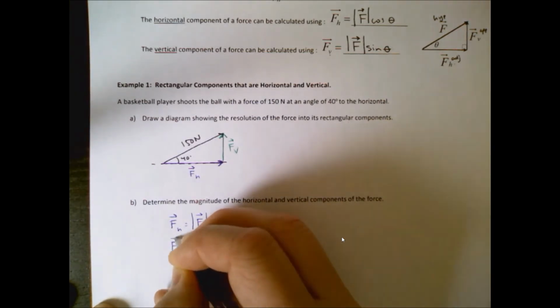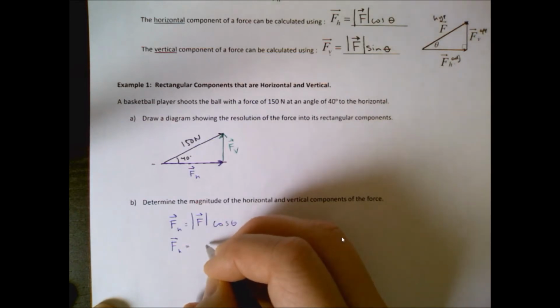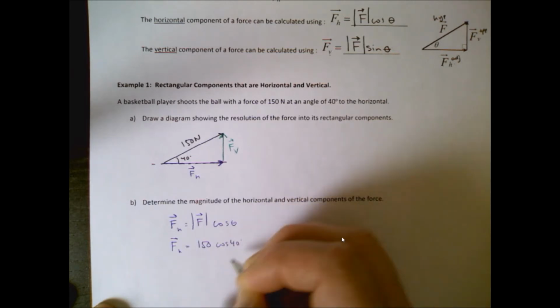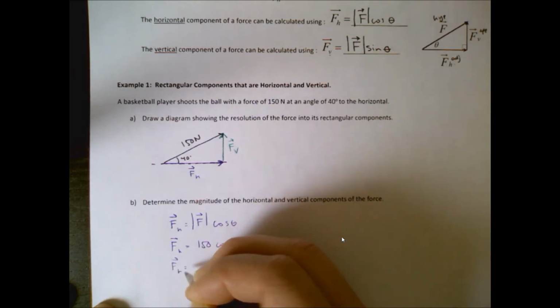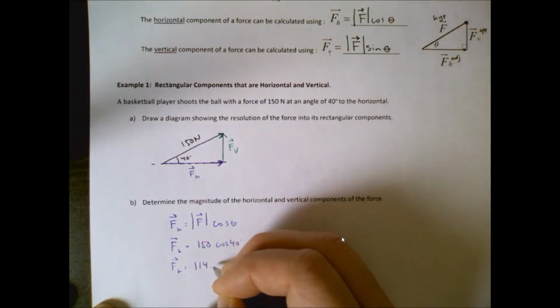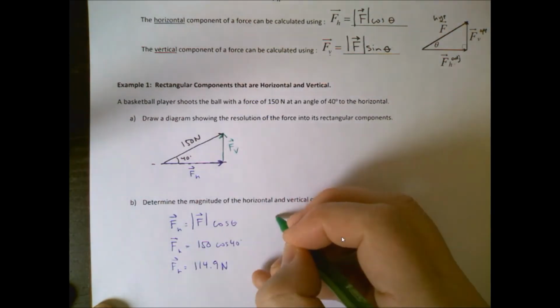So my horizontal force is going to be 150 cos of 40, which will give me 114.9 newtons.